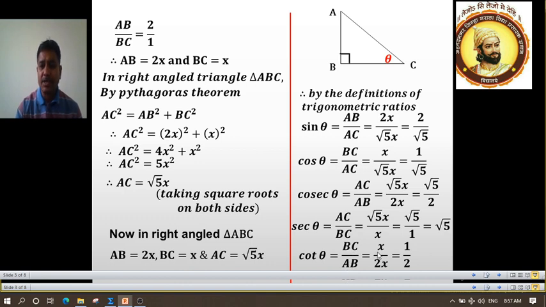But BC is x, AB is 2x, so x upon 2x, x cancelled, we have 1 upon 2. It means that we can obtain the remaining 5 trigonometric ratios if we are given 1 trigonometric ratio.